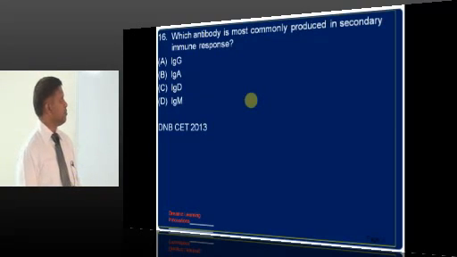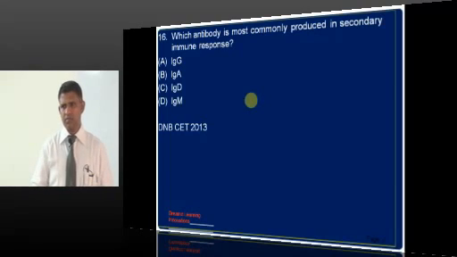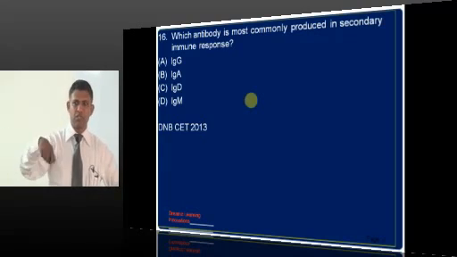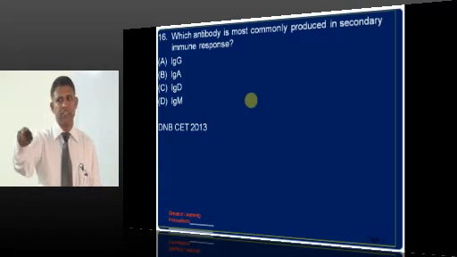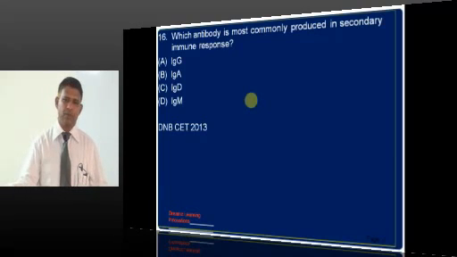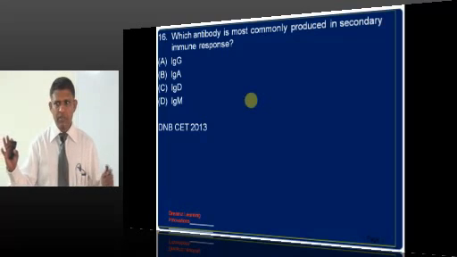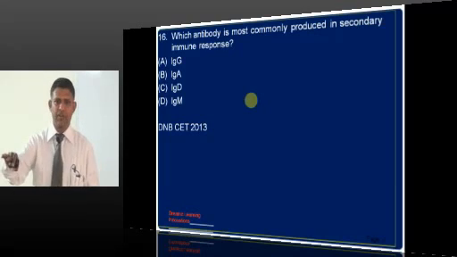Which antibody is most commonly produced in secondary immune response? IgG. Secondary immune response, past infection, because earlier you had an infection, so your body has produced antibodies, and once the antibodies are there in your body, always they will be in your body, like hepatitis, dengue. You got my point? So once you have an infection, antibodies will be produced and they will be there in your body till lifetime.